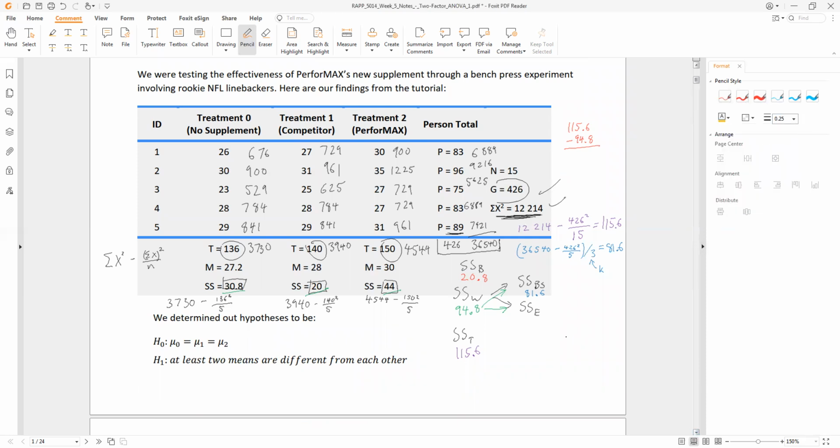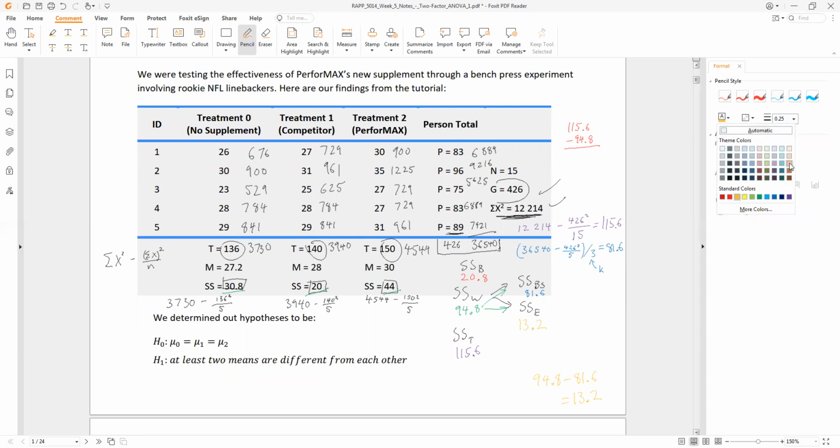All right, so that's one more number we need, the SSE, the error, which I will use, I guess, orange for. So I'm just going to say, well, this has got to be the 94.8 minus the 81.6, right? So 94.8 minus 81.6 gets me 13.2, and that's a little bit hard to see. This orange is quite light.